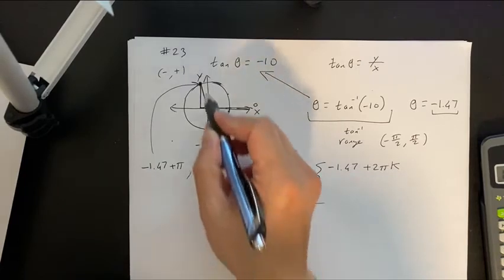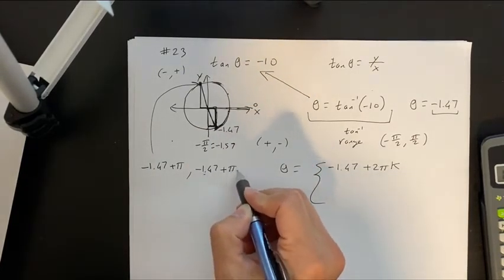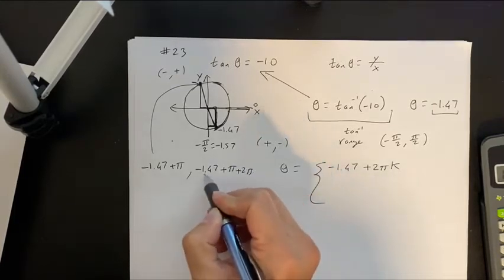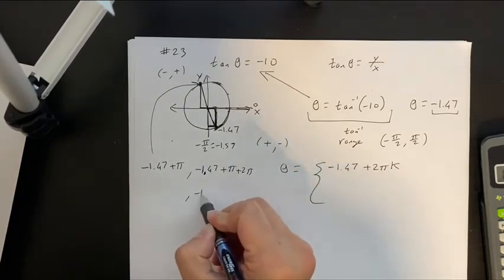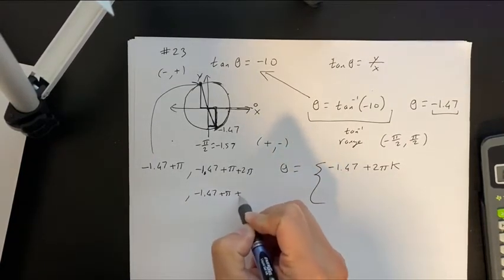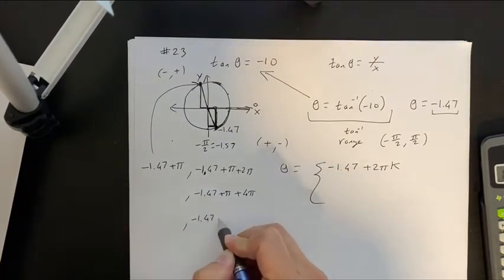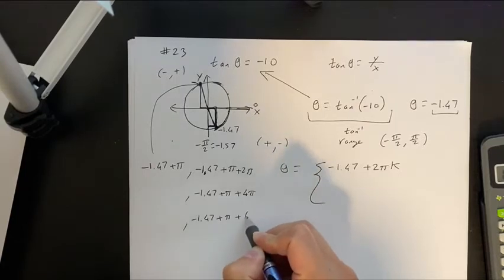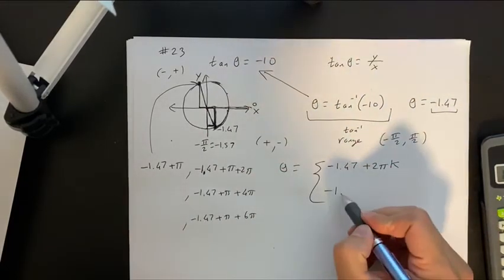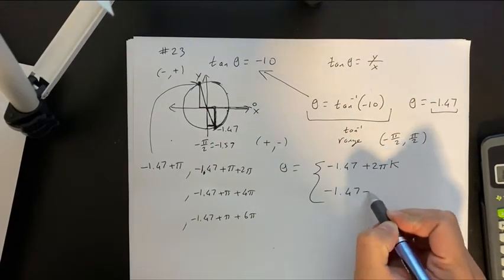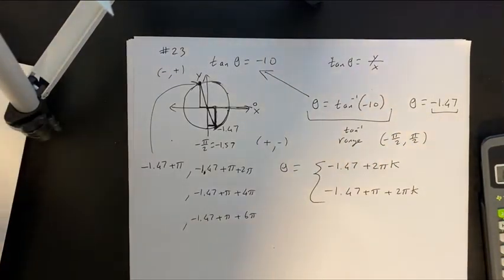Another value for this position is negative 1.47 plus pi plus 2 pi, or 3 pi. Another value: negative 1.47 plus pi plus 4 pi. Negative 1.47 plus pi plus 6 pi. And so you generate all the values for this other position by taking negative 1.47 plus pi plus 2 pi k.